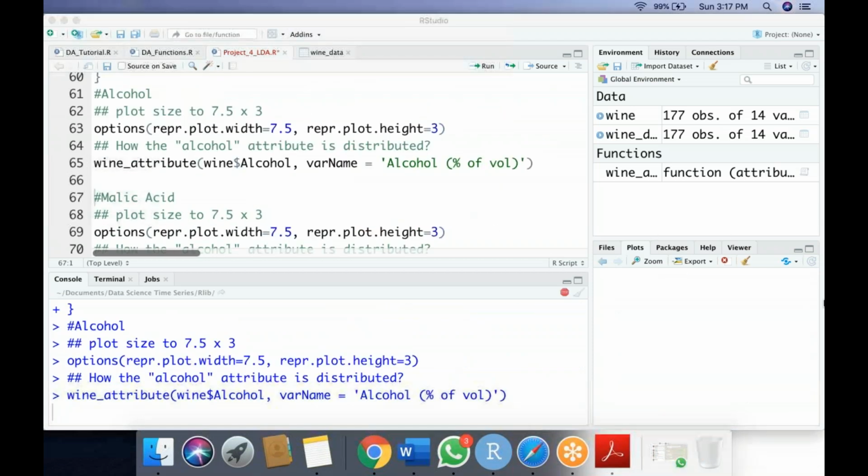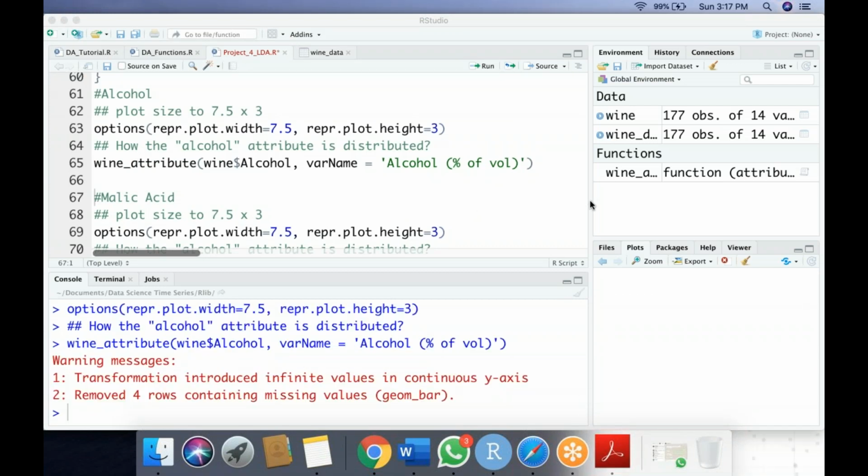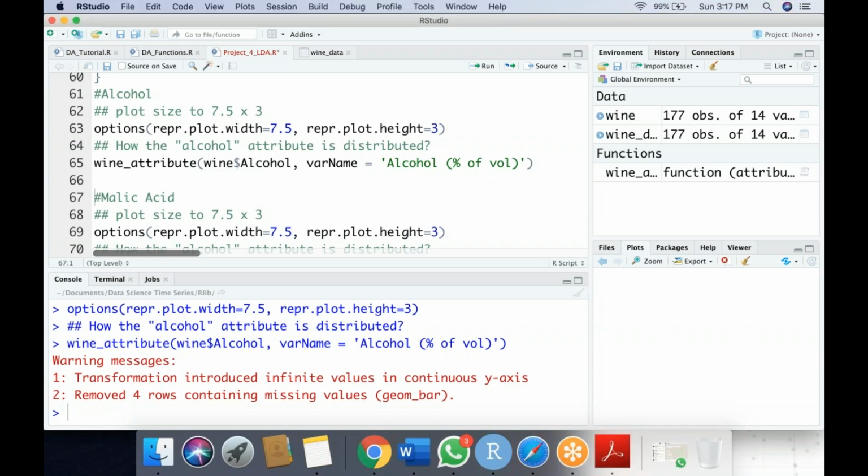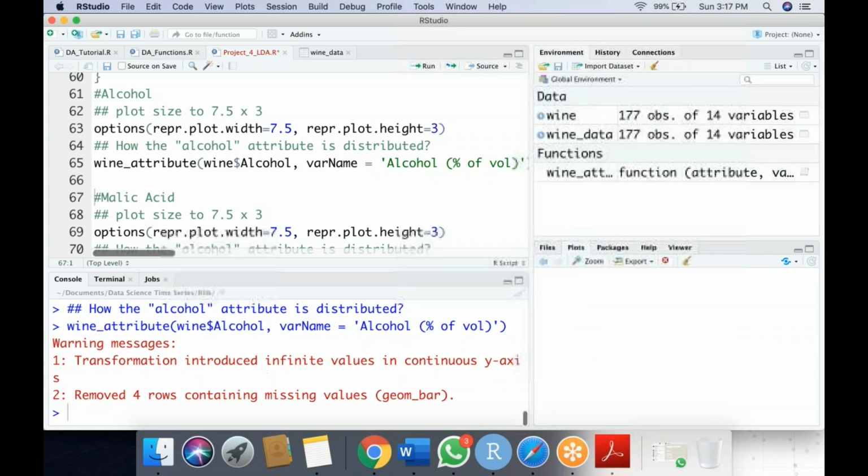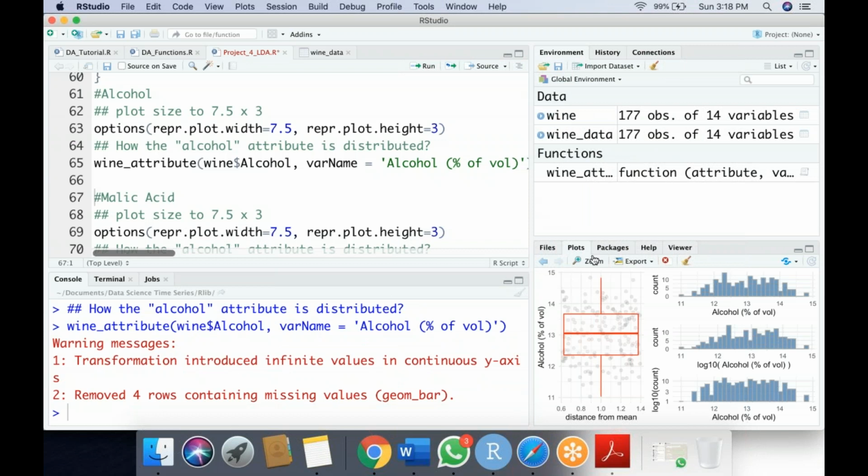First I have taken a parameter and it's loading. You will see a very elegant plot now. It will take a bit of time to load. Now you can see this function is taking out multiple plots and aggregating them together.